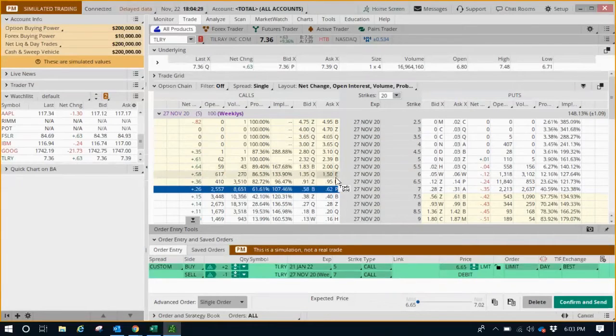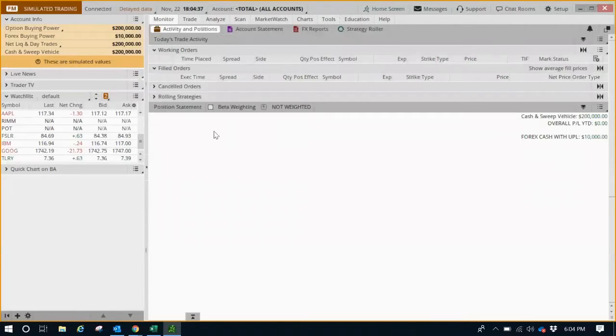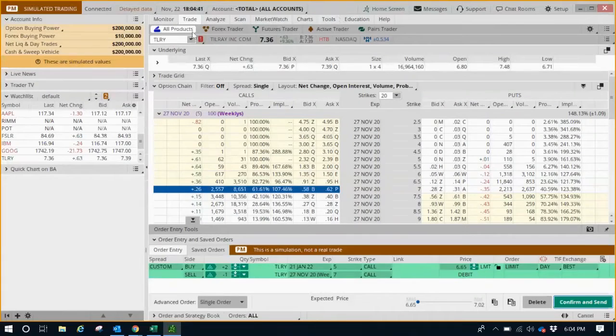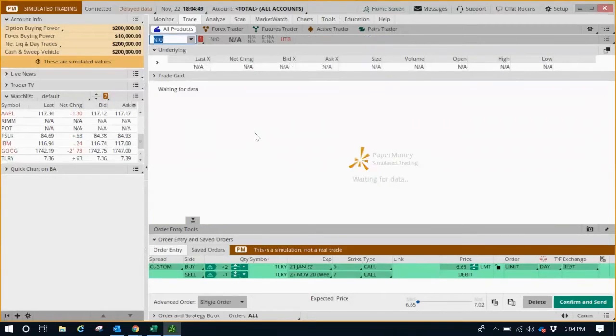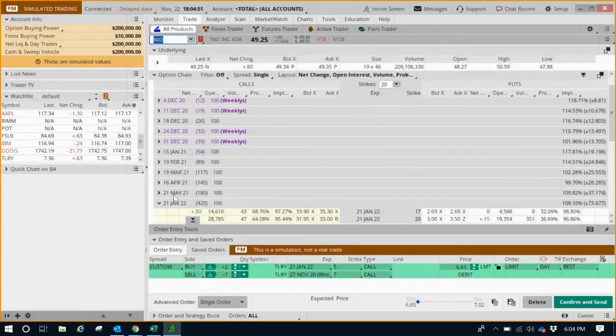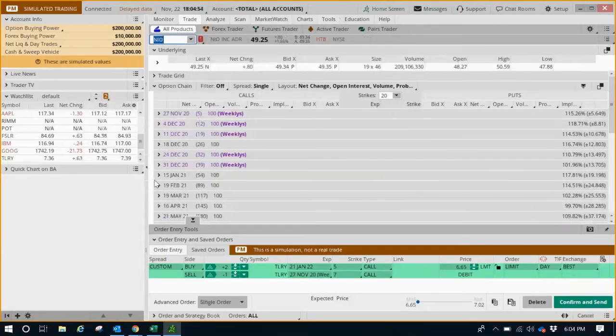But what is more important is obviously the options platform, where you have your positions that will show up right here. And once you click on the trade tab, you can see, let's say we put NIO here, the different expiries, and you can click on them.